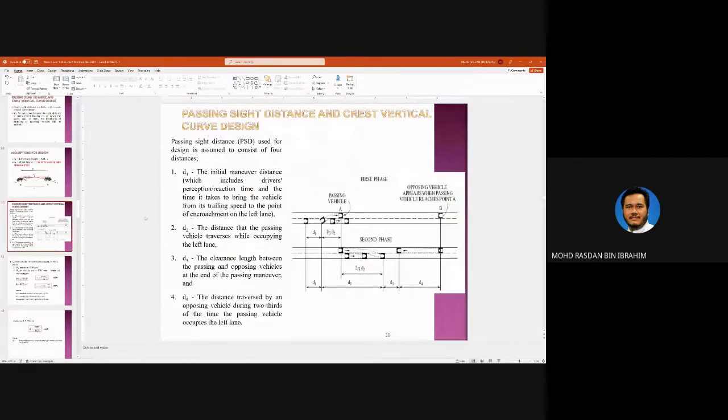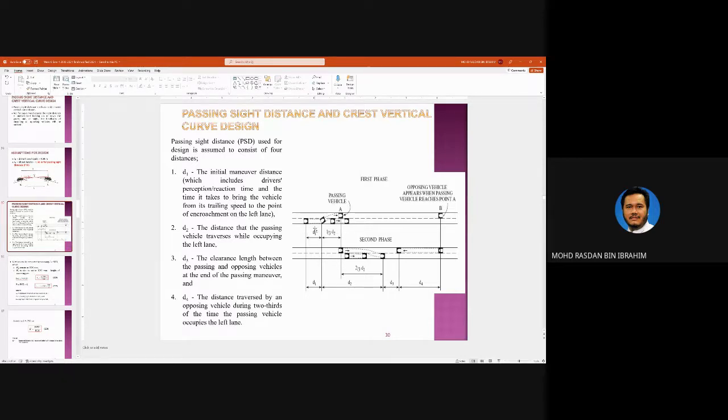This is the breakdown of the passing sight distance. You have four types of maneuver here, four types of distance. D1, the initial maneuver distance, includes the driver's perception reaction time and the time it takes to bring the vehicle from its trailing speed to the point of encroachment to the left lane.